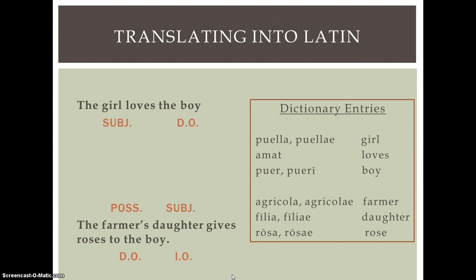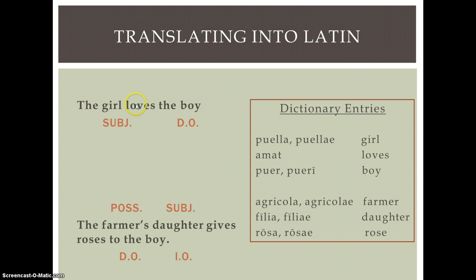Okay, so now that you know what the case endings are, now that you know how the cases function, you are able to translate simple sentences into English. So, I would like for you to write down these example sentences that we did in the Latin nouns video.